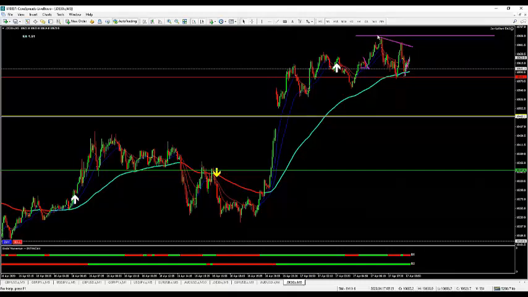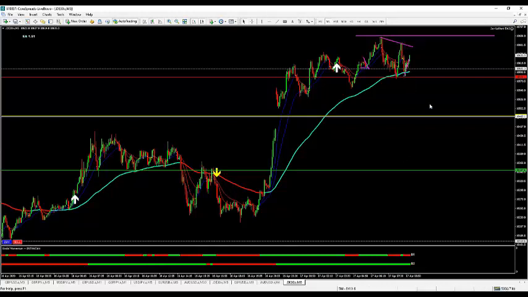The only thing here is that I've got these big candles there. In terms of the entry, it was just after that big candle. But the swing is long.